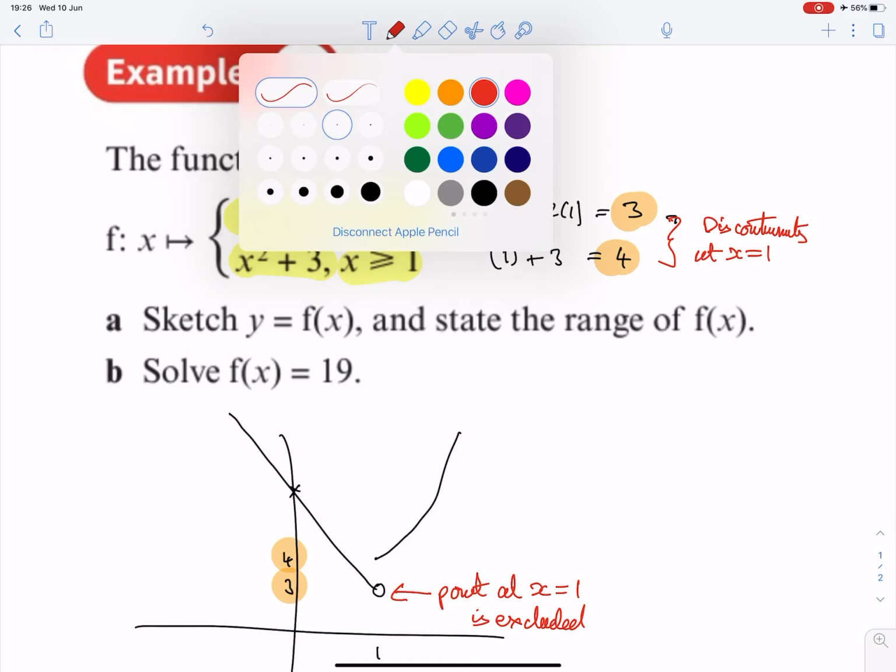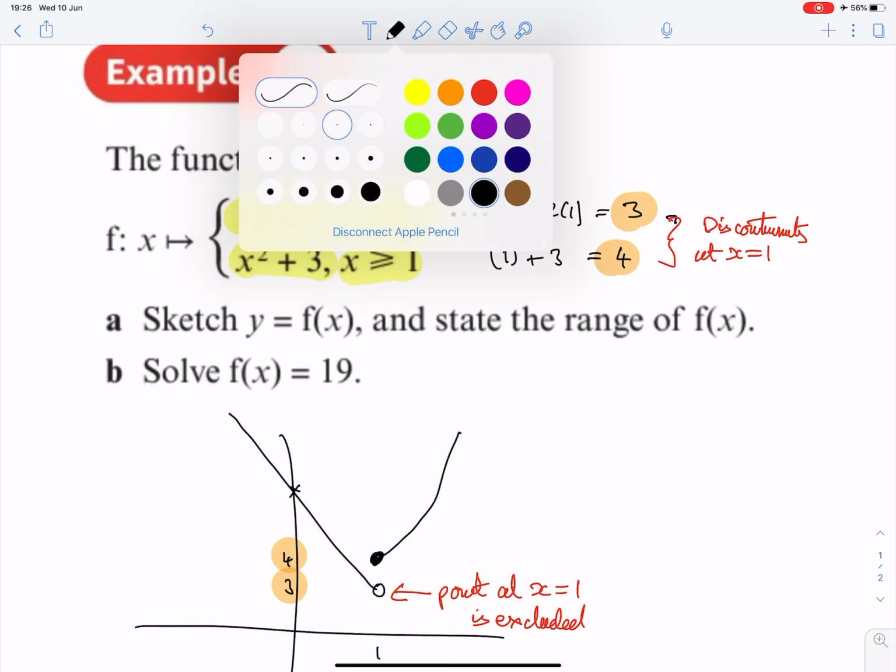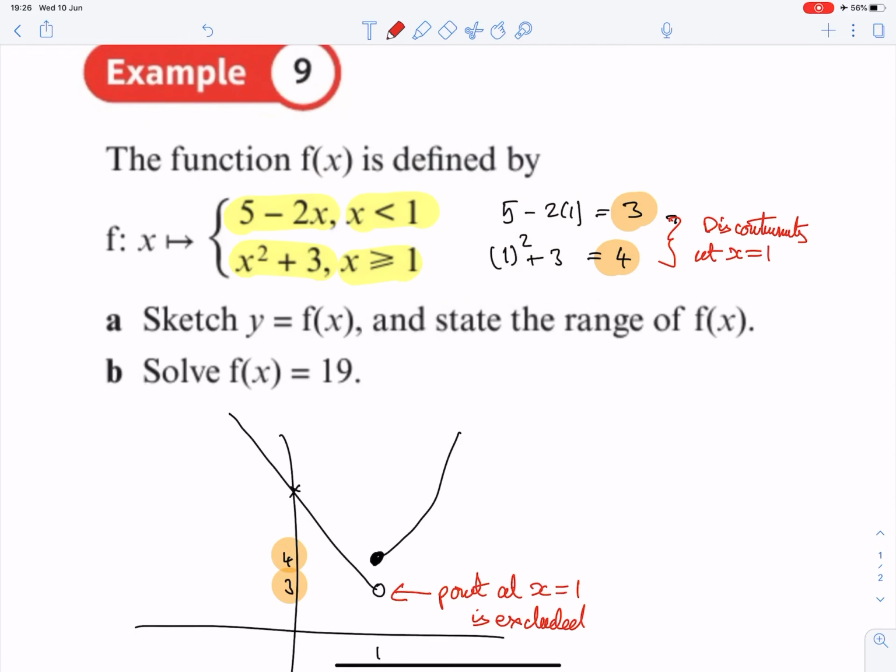And here at the other end, where it's jumped to, we've got a solid dot, which is showing us that the point at x equals 1 is included.